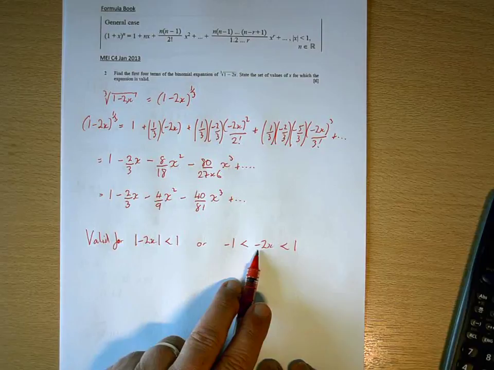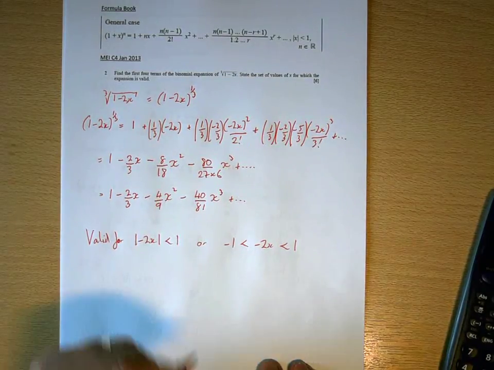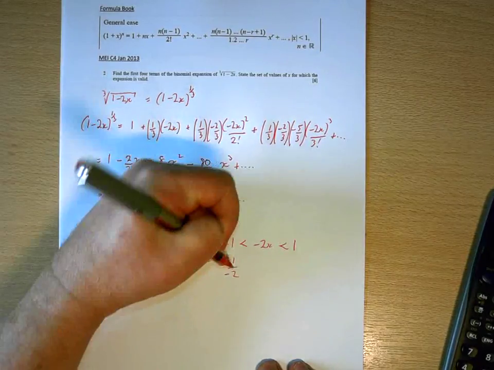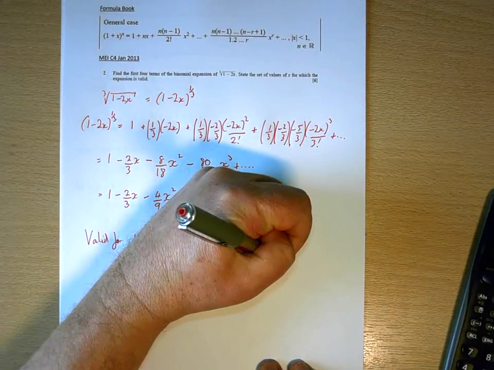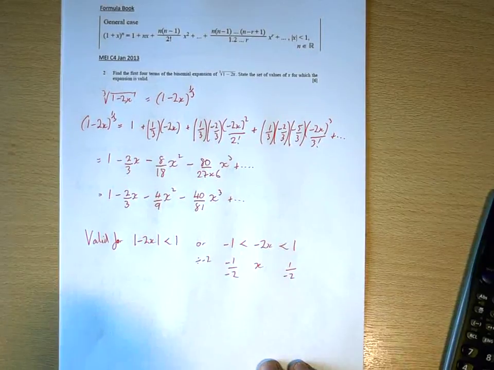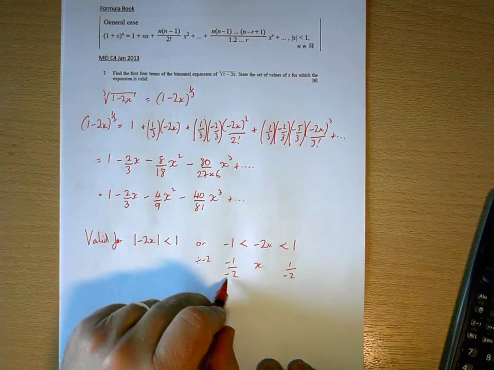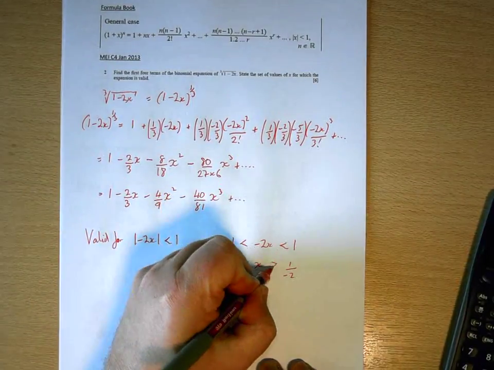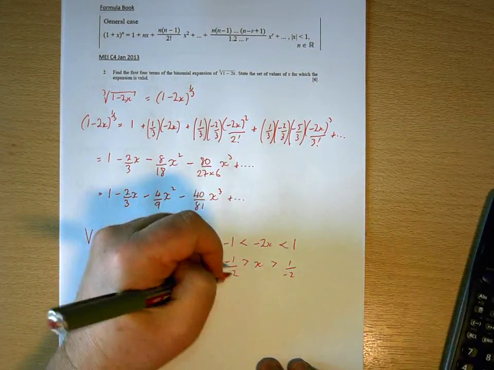So to get the x on its own, if I divide throughout by -2, what you have to remember with inequalities is whenever you multiply or divide by a negative number, the inequalities reverse.